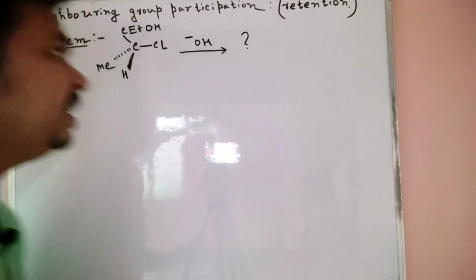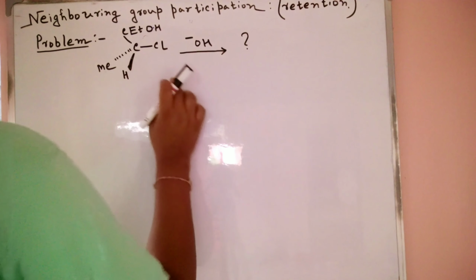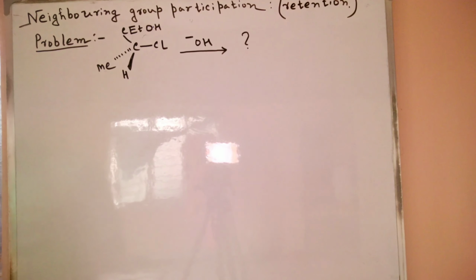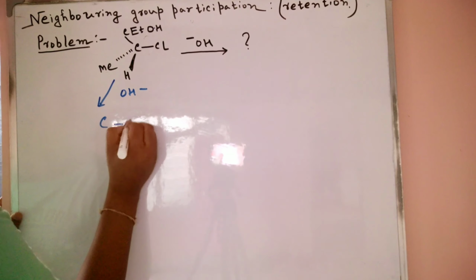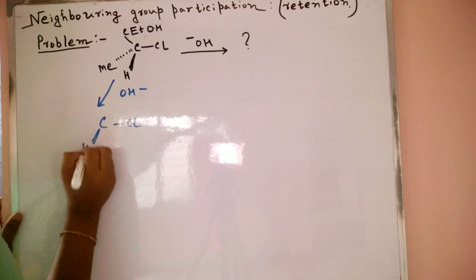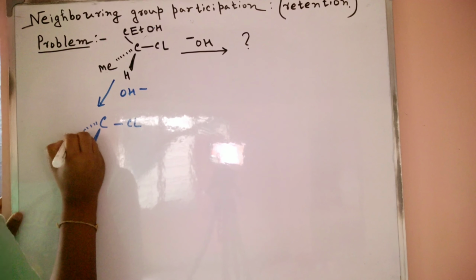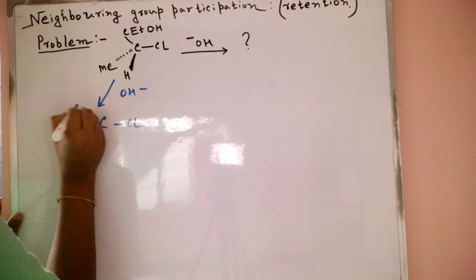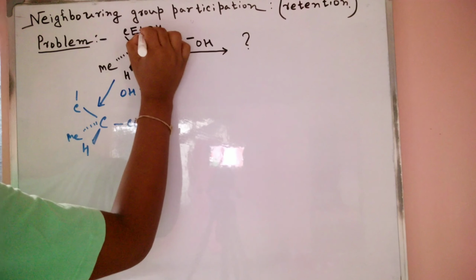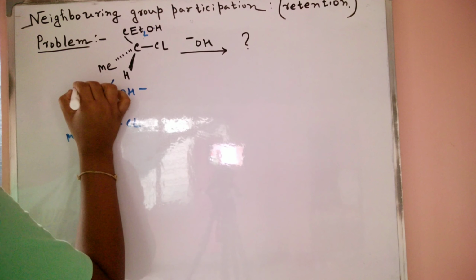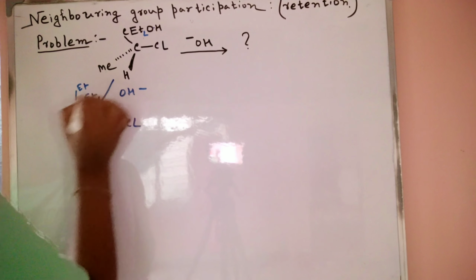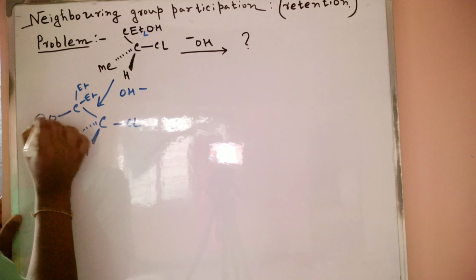Now the problem is, in presence of OH minus, which product forms? Here we draw the hydrogen upside and methyl downside, and the CH2Cl... Et2OH is our substrate. So in presence of base, O minus forms.